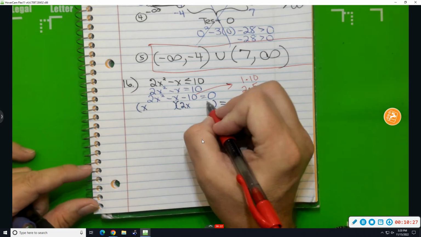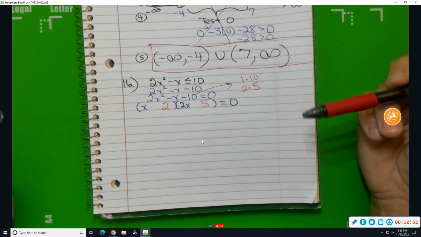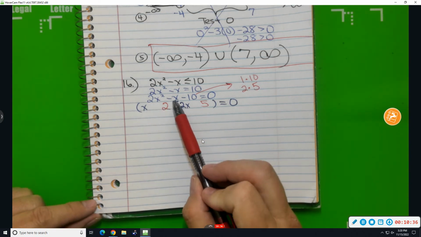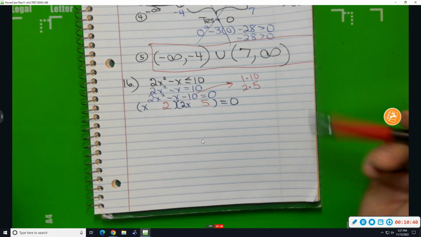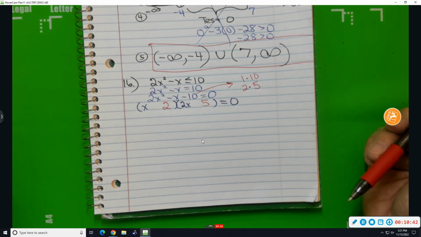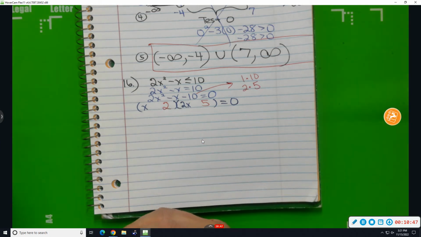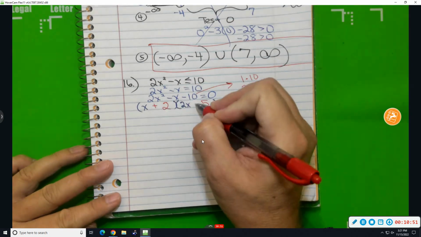So I'm going to put the 5 here, the 2 there. Now play around with it. The outer and the inner have to give you that negative 1x. You need 1 plus and 1 minus. Where do we put the plus? Where do we put the minus in order to get back that negative 1x? A plus 2, I agree, and a minus 5.